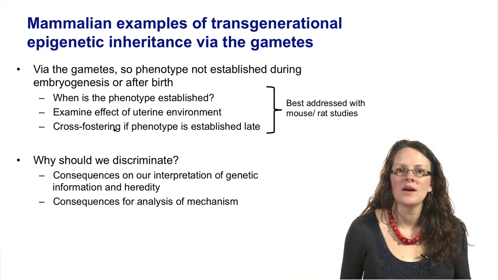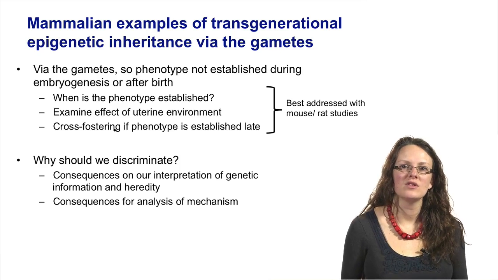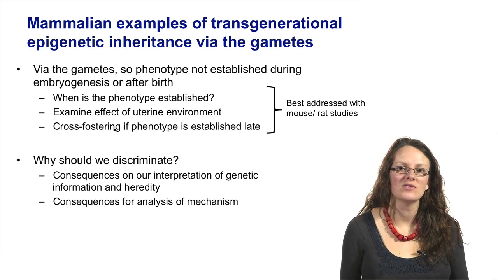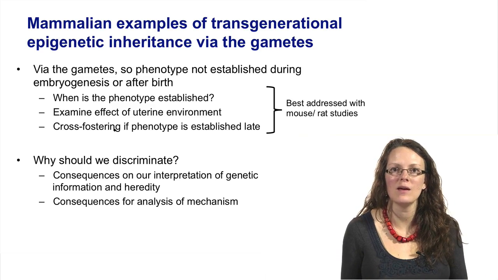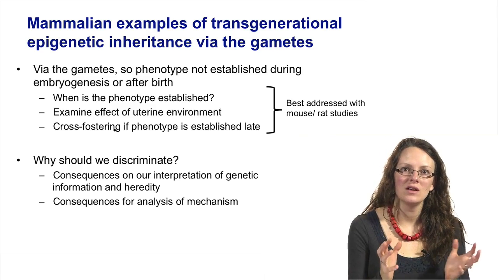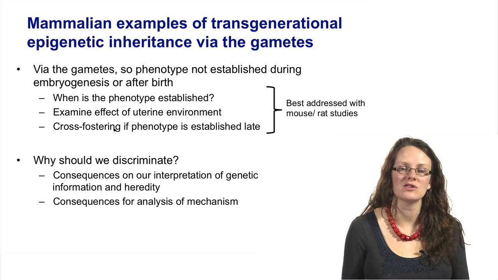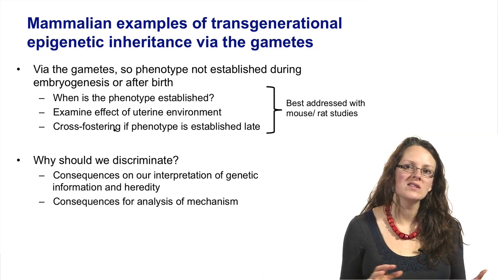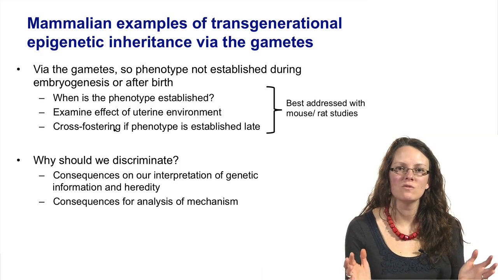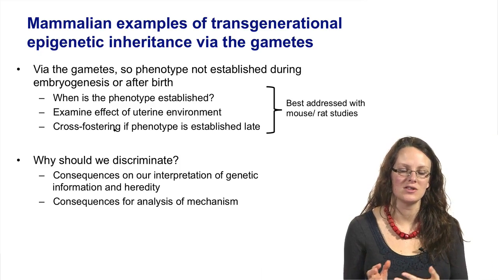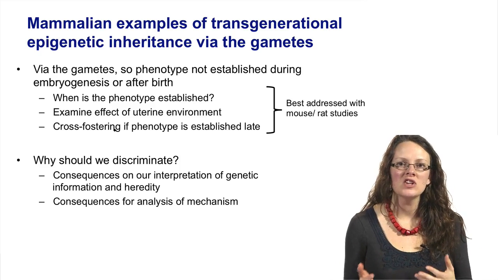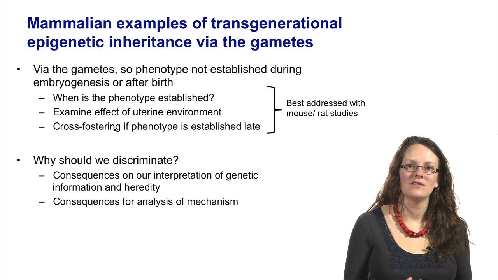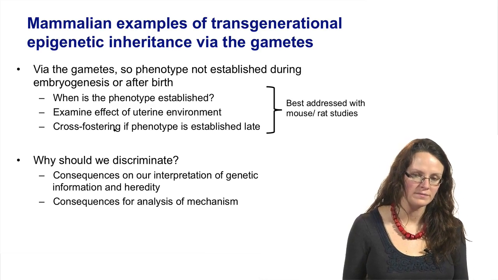So the question then becomes, I think, why should we discriminate between something that's an environmental effect or some other effect which is not transgenerational epigenetic inheritance via the gametes, and something that genuinely fits this definition? I think the reason that we care is because we can interpret this information differently, and we can also act differently in terms of public health.